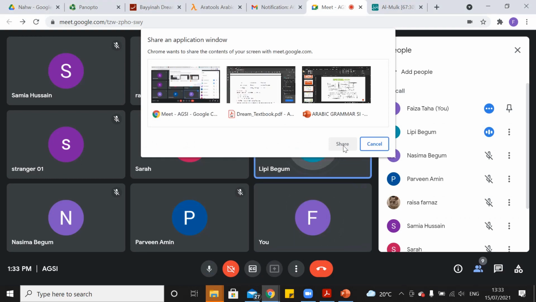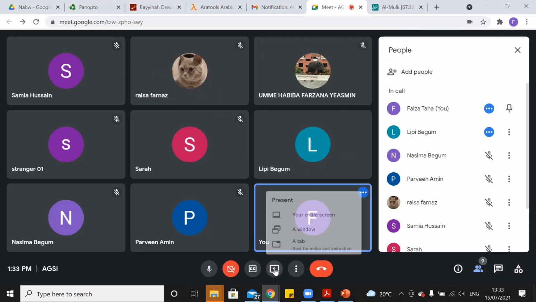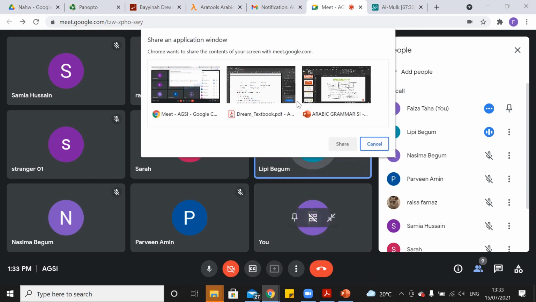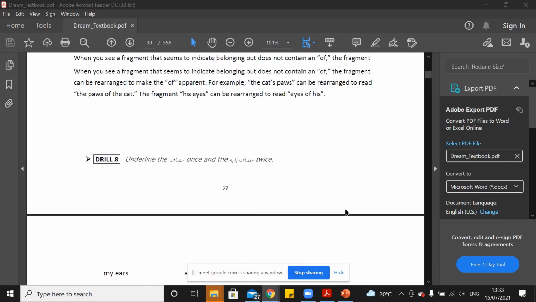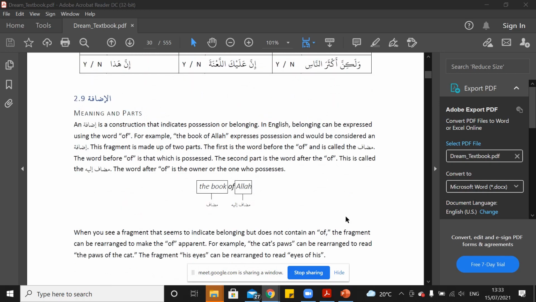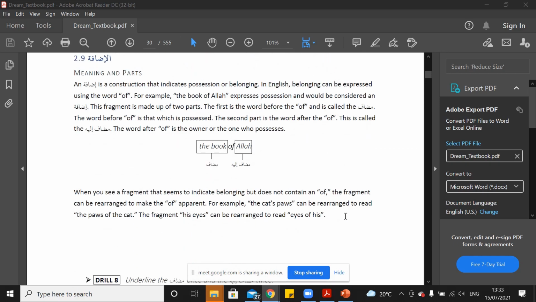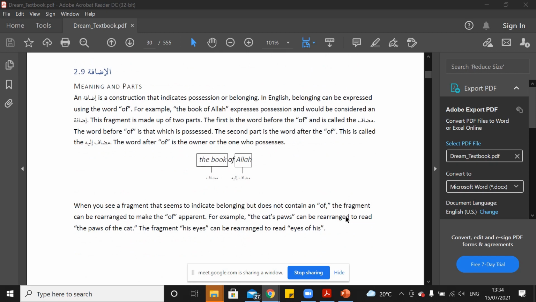Can I ask something, please? Yes, please. Can the special mudaf take al or tanween? Kullun has a tanween on it, yes. So they can take tanween? They can take tanween, but when you use it as an idafa, it will be kullu, not kullin.